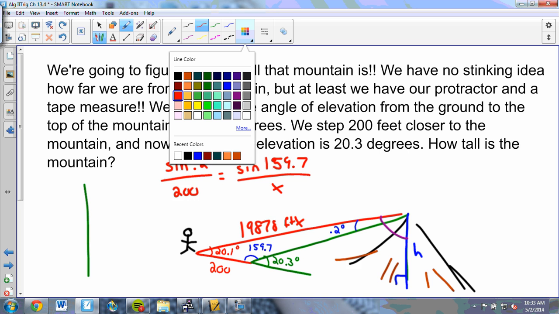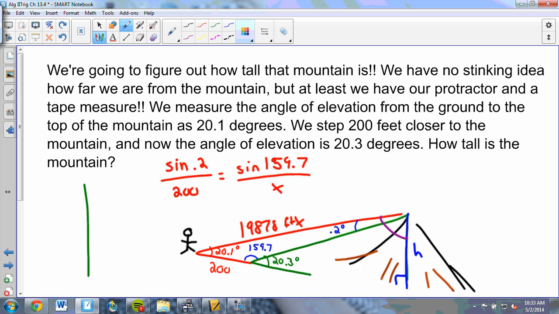Let us finish this problem. I now have the length of this long red side. And since I have a big old honking triangle here, and I have an angle and a side and an angle, I can actually do regular trig now. I want to find h. Well, the sine, no, I'm sorry, the tangent of 20.1 is going to be opposite over hypotenuse, which is h over 19,878.